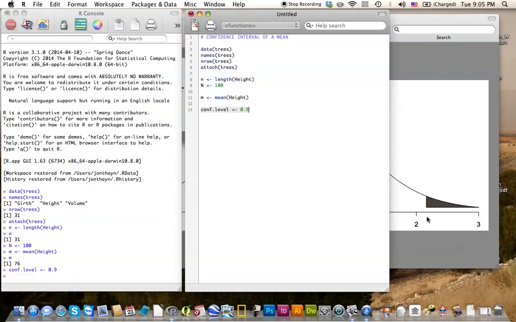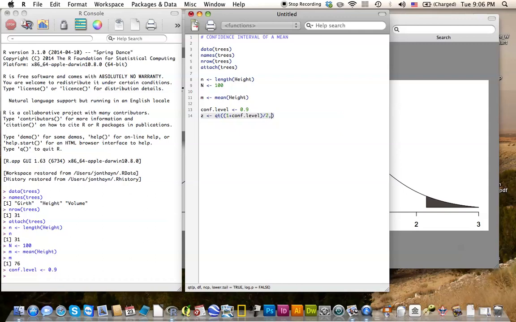So back in R, my z-score is going to be equal to the t-distribution function. And I could in here type 0.95. I'm always a little concerned that I'll forget to do that. So one thing that I've noticed that some scripters do is they will say 1 plus my confidence level divided by 2.